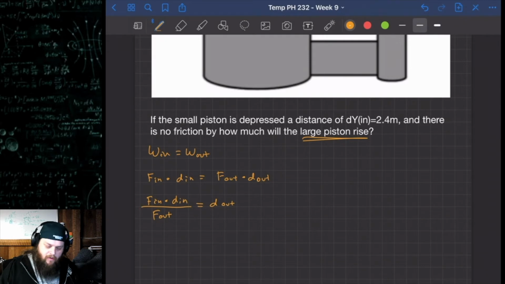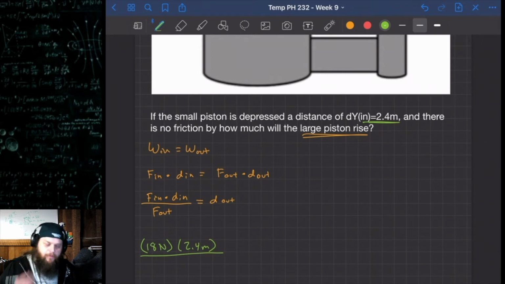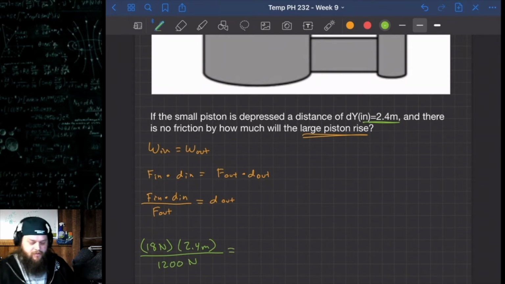So we can solve that because we know the force in is equal to 18 newtons. We know the distance in they give us here is 2.4 meters. And we need to divide by that force out that we calculated from the first part. That's 1,200 newtons. And that should tell us then the distance.